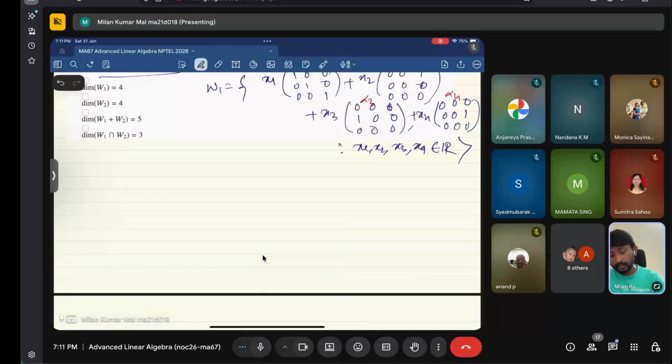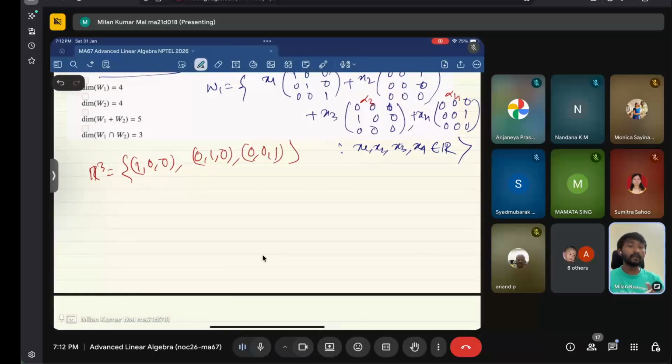For example, in R3, 1, 0, 0, 0, 1, 0, and 0, 0, 1 is a basis because you can write any element as a linear combination of these vectors. You can also take 1, 1, 0, 1, 0, 1, and 0, 1, 1.